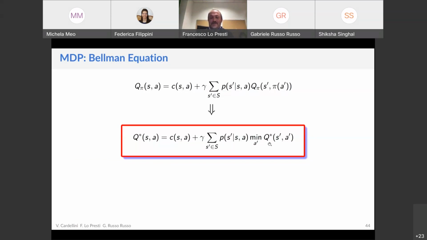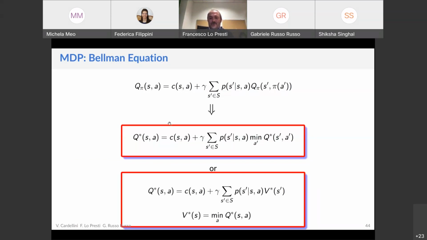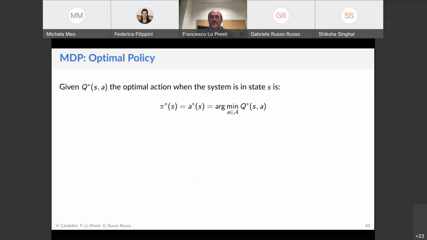This can be written using just the Q function or a combination of Q and the value function. I focus on the second because in implementation it's often convenient to use the second rather than the former. What is nice about the Bellman equation is that if I have the optimal action value function, I can get the optimal policy.